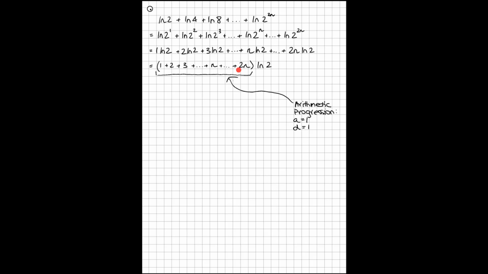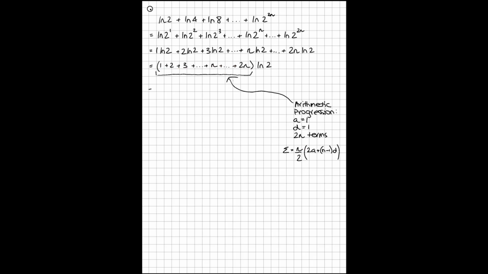And in terms of the number of terms, there are actually 2n terms. So using the sum of an AP formula, the sum is equal to the number of terms divided by 2 times 2a plus the number of terms minus 1 times d. We just need to substitute all of these into this generic formula, and that's how we can simplify what's in the brackets.